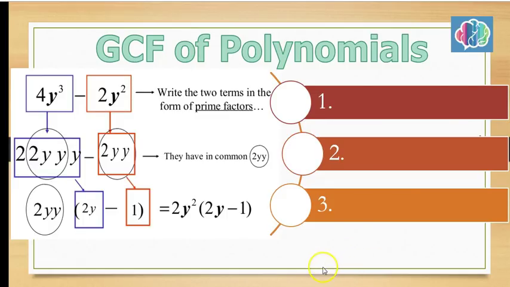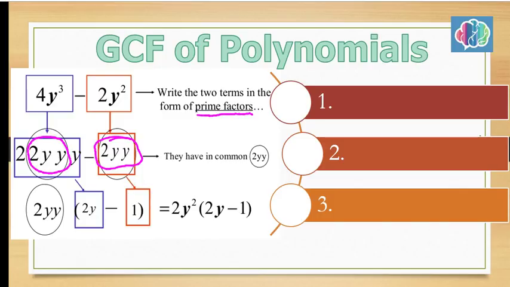If we write the two terms in the form of prime factors, that's what is written down here. That's your first step: write the two terms in the form of prime factors. 2 times 2 times y times y times y gives us 4y cubed. And then we have our minus sign, and then we have 2 times y times y. So we know there's a 2y times y in both of these terms.